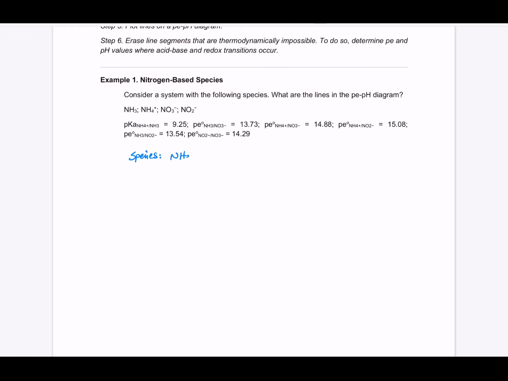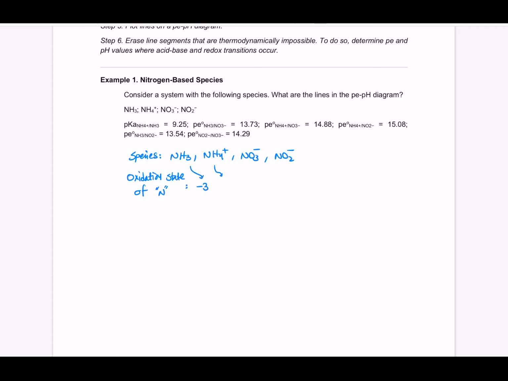We have ammonia, ammonium, nitrate and nitrite. And we want to look at the oxidation state of nitrogen. What is it in ammonia? -3, okay.